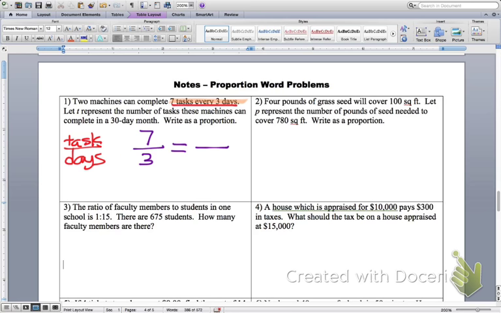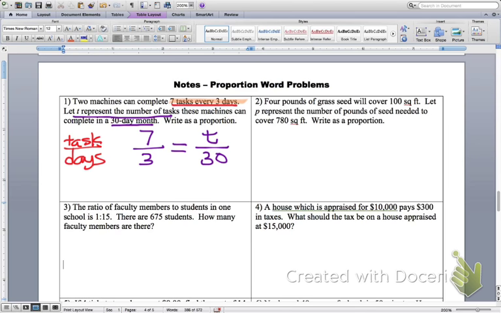And now we're going to let T represent the number of tasks for the second ratio. So it's going to be T for task at the top. And our number we're given is 30-day month. So I want to figure out in 30 days how many tasks I can complete. So I know it's 7 over 30 as a ratio. On the right side, it should be the same. It's consistent, and we would cross multiply here to go ahead and solve. But we're not going to solve this, so we're just going to leave it like this.